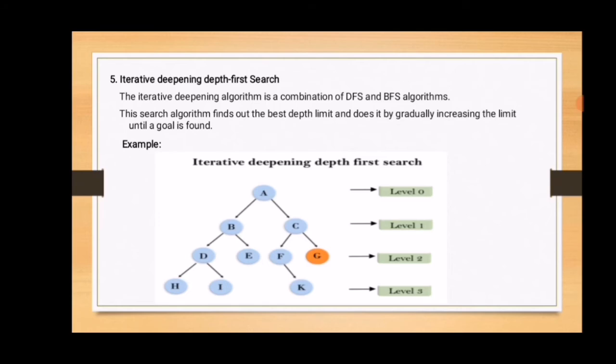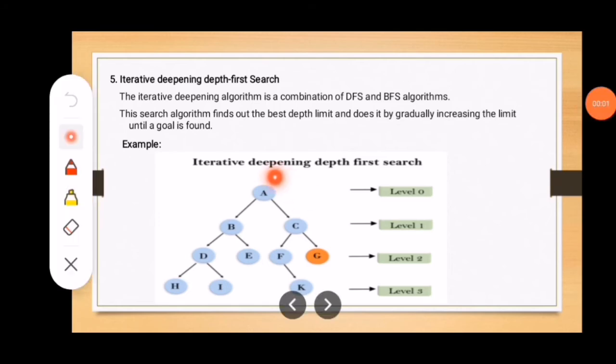This algorithm performs depth first search up to a certain depth limit, and it keeps increasing the depth limit after each iteration until the goal node is found. This is the example of iterative deepening depth first search. The limit increases until the goal is found.